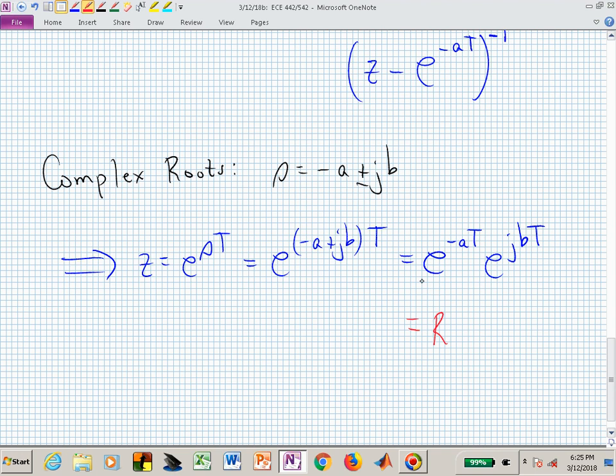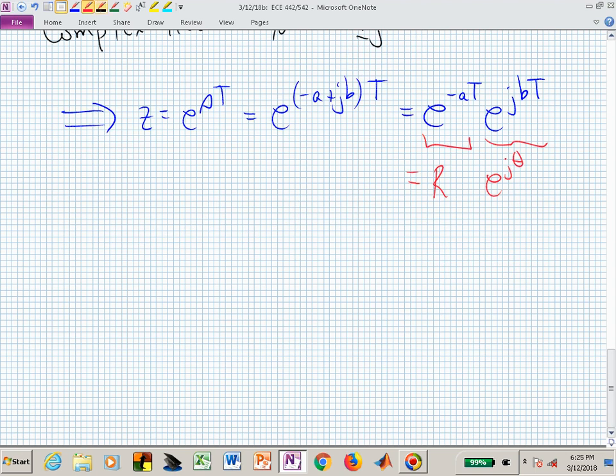I can say this piece is r, and this piece is e to the j theta. So I now have one of my roots is r e to the j theta.